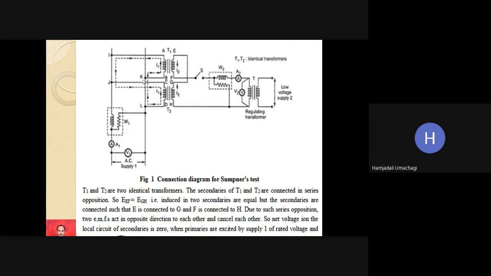But this is the primary current I1, which will follow the path B A I J C D L K B. It will follow only this path. This current will not enter the wattmeter W1 and ammeter A1, which are related to the open circuit test. So I1 will follow only this path, and the secondary current will flow from E, F, H, and G. That is the meaning.